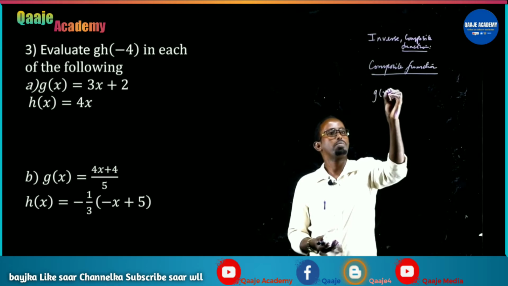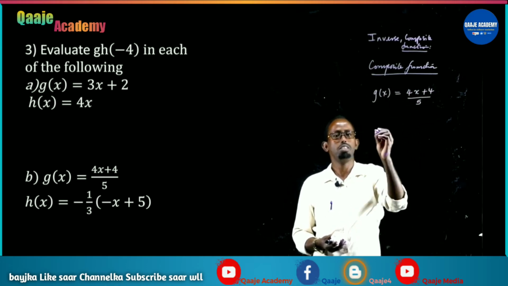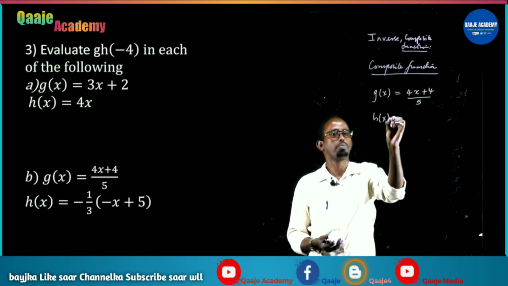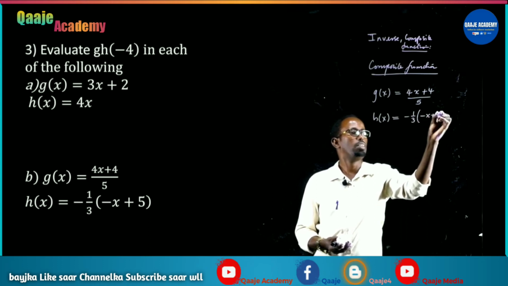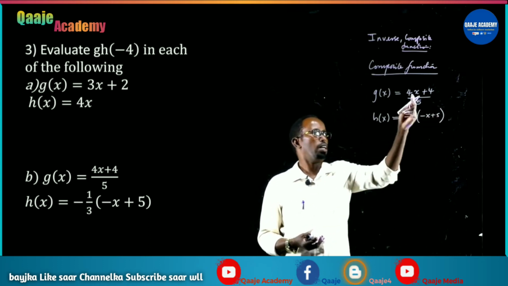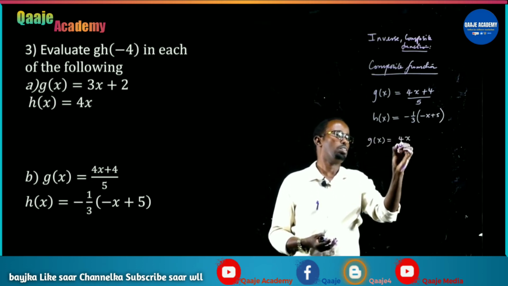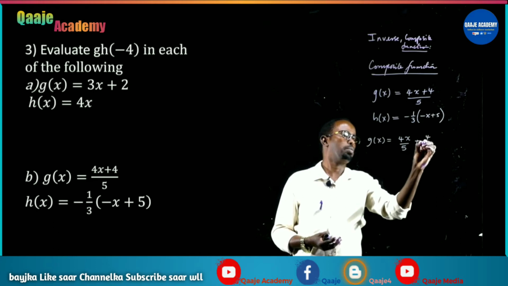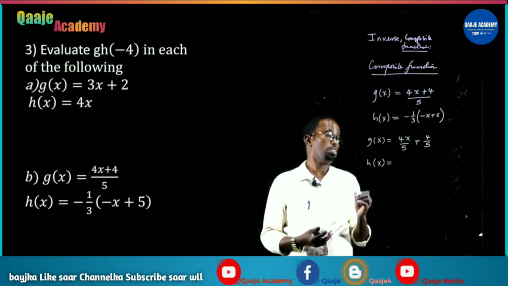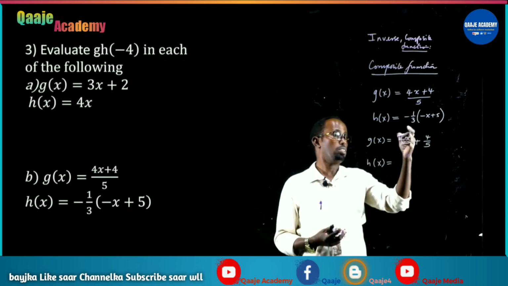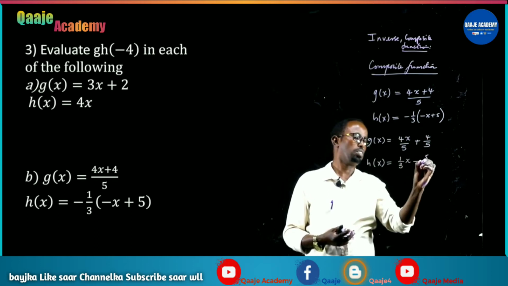G of x is (4x plus 4) divided by 5, and then h of x is minus 1 over 3 times (minus x plus 5). I separate this one, so g of x will be equal to 4x over 5 plus 4 over 5. Then h of x, the same way, you multiply, you get plus 1 over 3 x, and then 5 over 3.